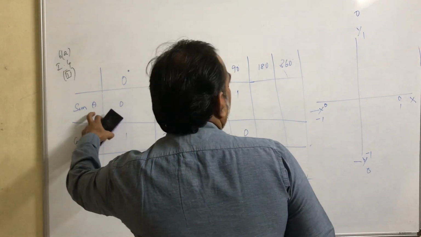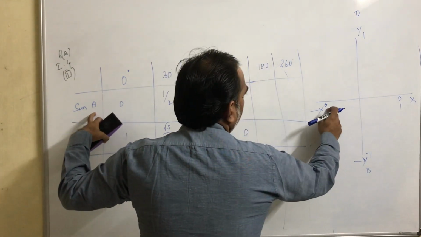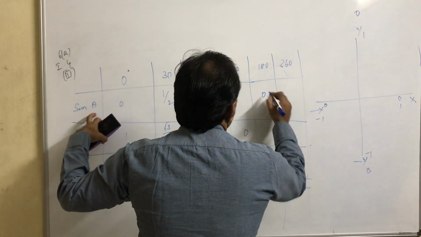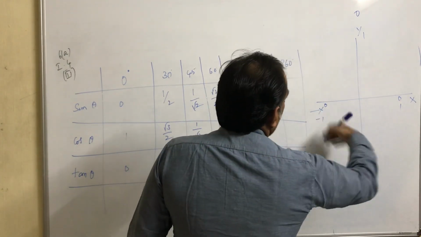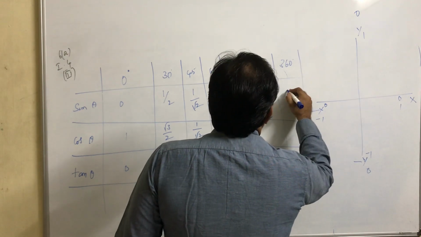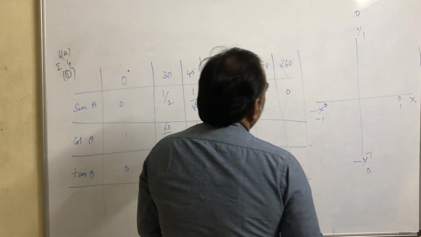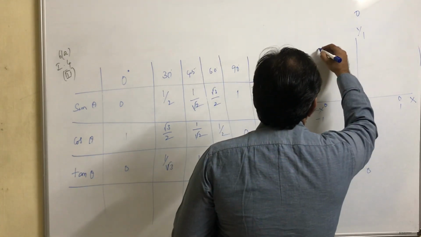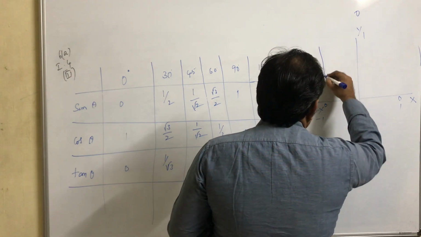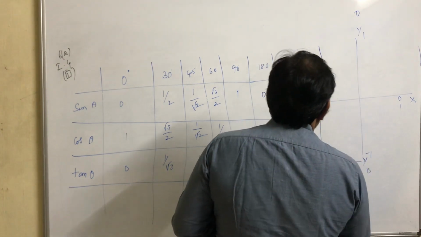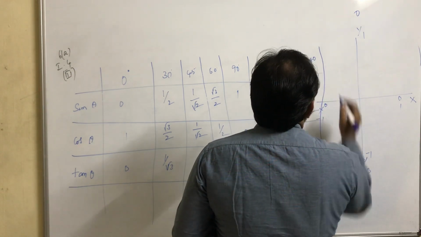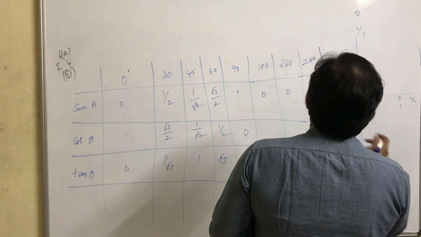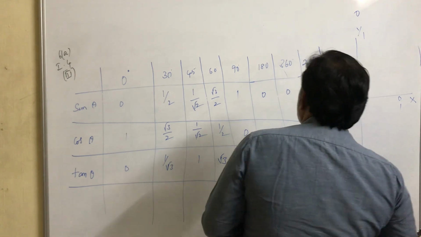Now what is sin 180? Sin 180 equals 0, and sin 360 equals 0. And here I will add 270 also. Sin 270 is minus 1.